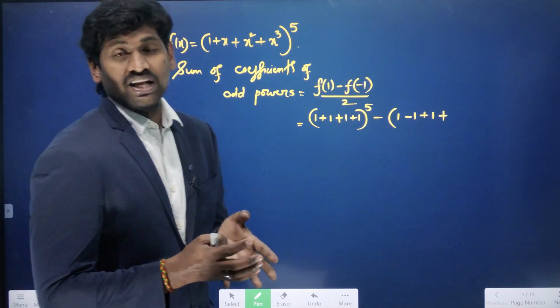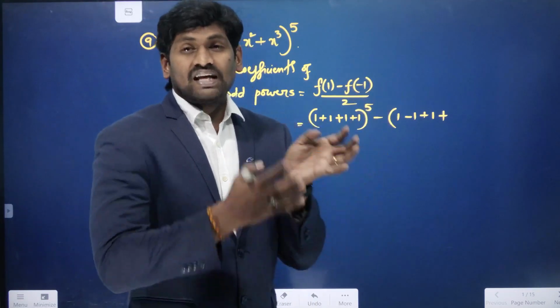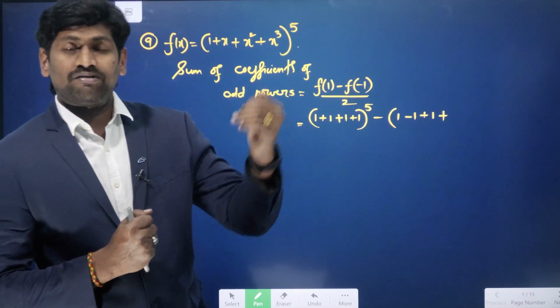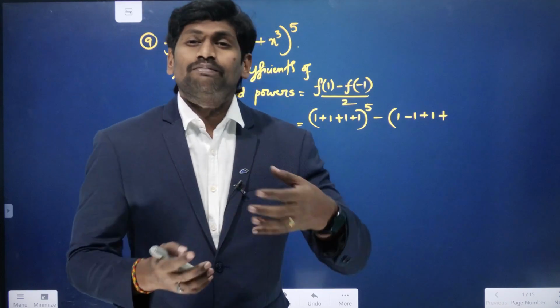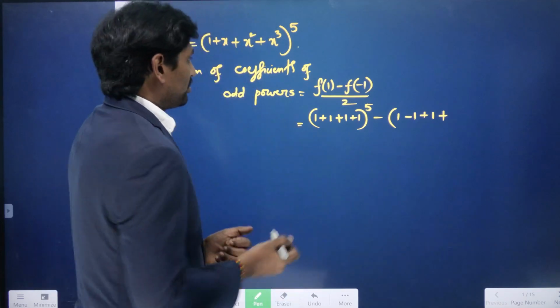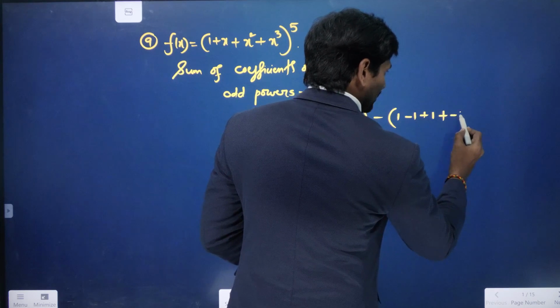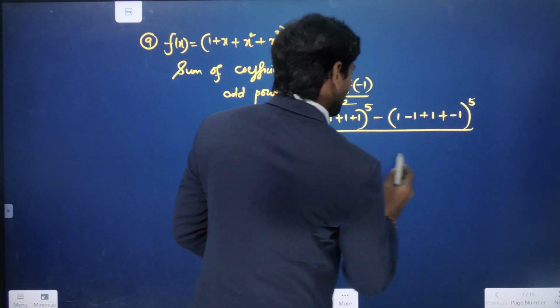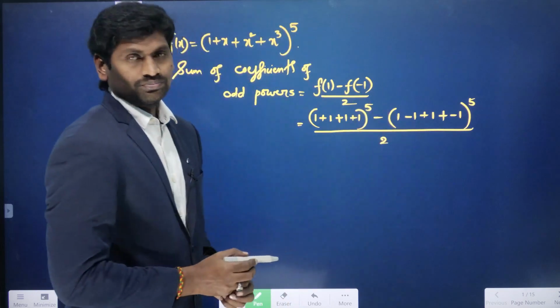Whenever you see odd powers, the negative term remains negative. When you see even powers, the negative term becomes positive. So this will be (1 - 1 + 1 - 1) whole to the power of 5, divided by 2.